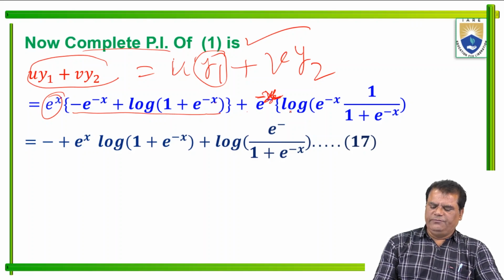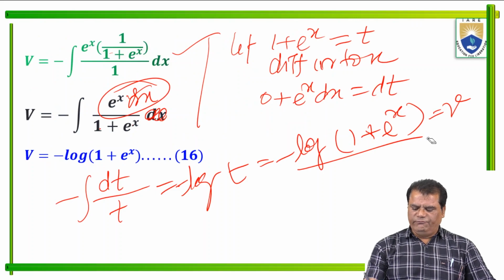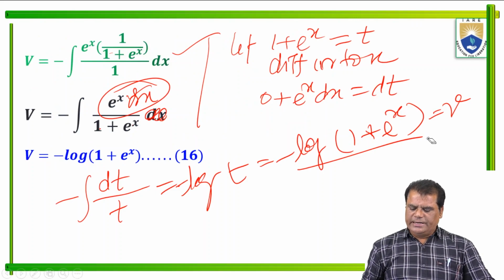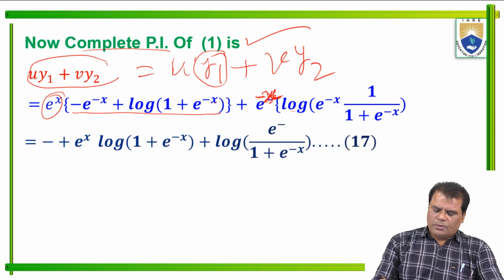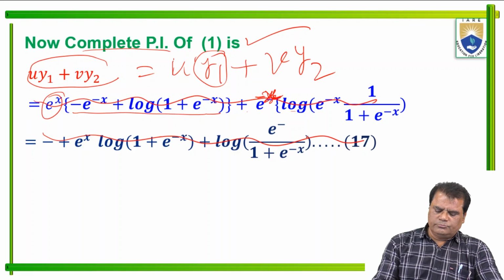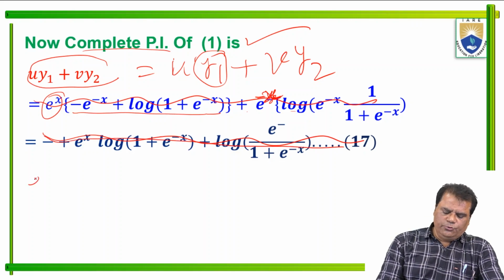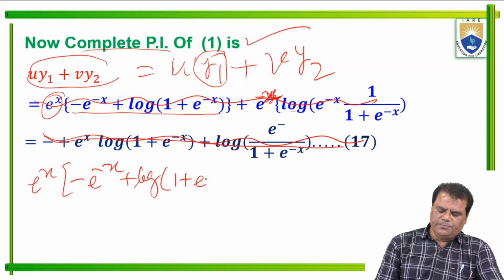And this is v. What is v? We have found the value of v here. v is minus log 1 plus e to the power x. So we have e to the power x in bracket, minus e to the power minus x plus log 1 plus e to the power minus x.